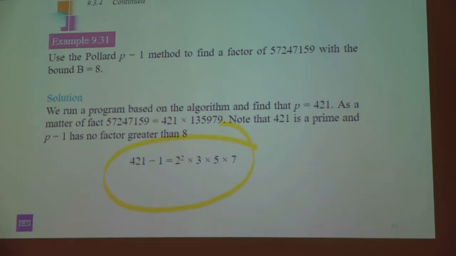There is another algorithm after the Pollard p minus 1 method called Pollard rho. You know the letter rho in Greek, the rho method.